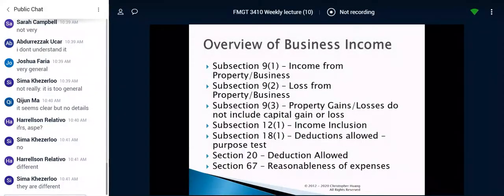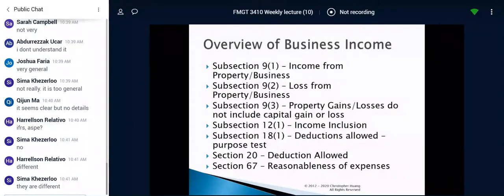Okay, so the big thing here is if you take a look at the listing of these rules, 9(2), 9(3). Basically, what these rules are trying to say is whatever rules are applicable in this subdivision, you don't just arbitrarily apply them to other types of income or other subdivisions of the Act.